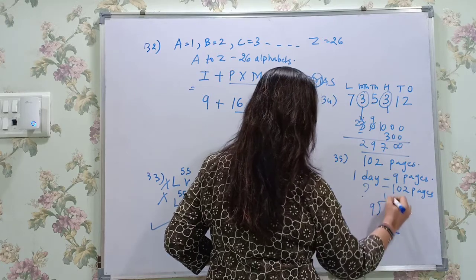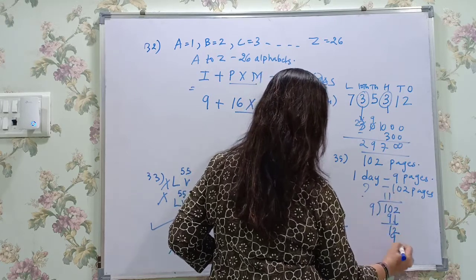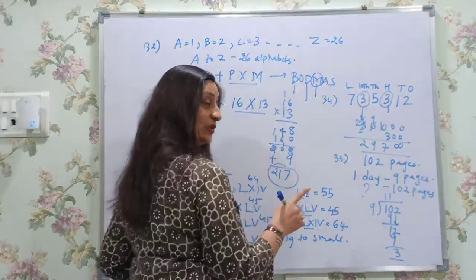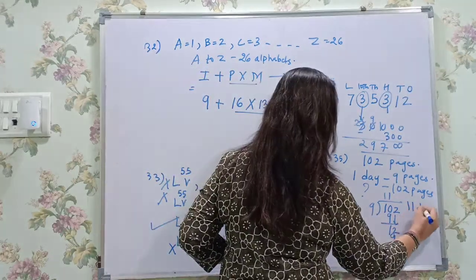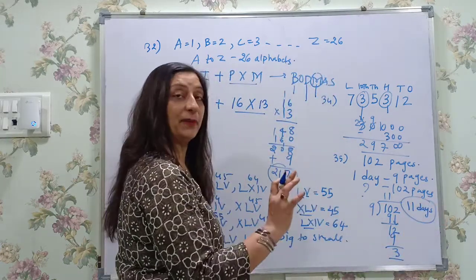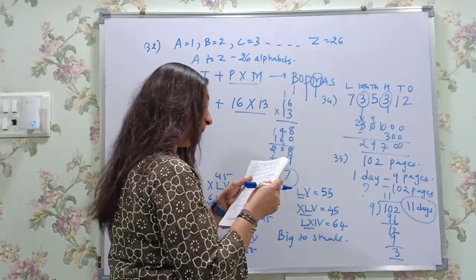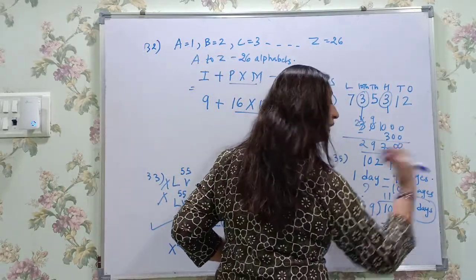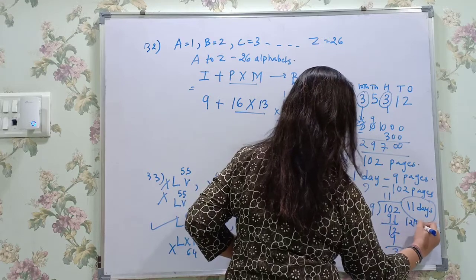We take this 2. 9 ones are 9. Okay. Now he can read 102 pages in 11 days, so in 11 days he will complete the pages, but 3 pages remain. Okay. Right. So these 3 pages he will read on the 12th day.